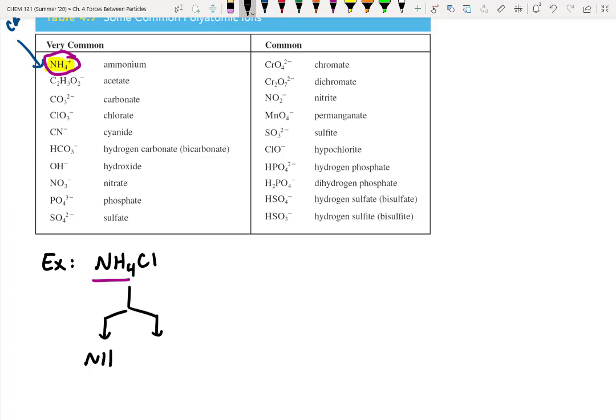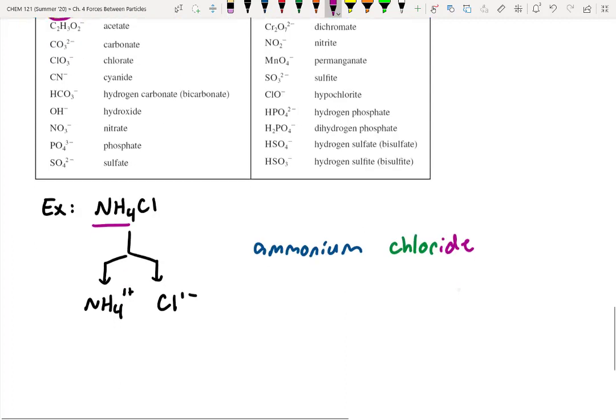We've got NH4, which is 1 plus, and then we've got chlorine, which is 1 minus. So our cation, in this case, is going to be ammonium, and we know this because that's the name listed on the chart. And then the anion is going to be chlorine, but we need to do the IDE suffix. So like I said, always put your cation first.